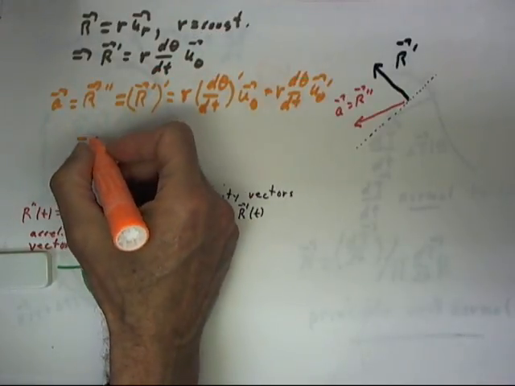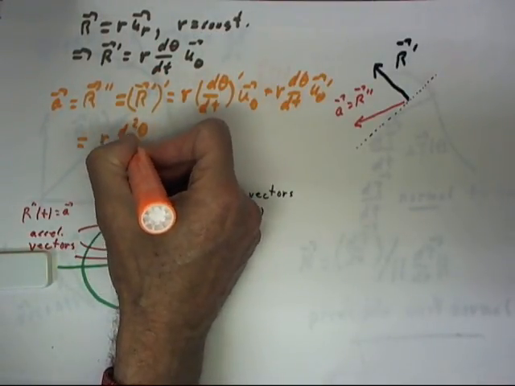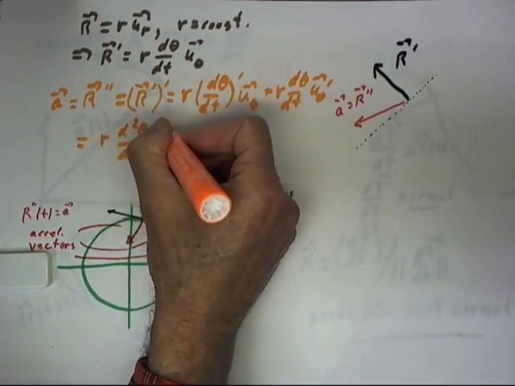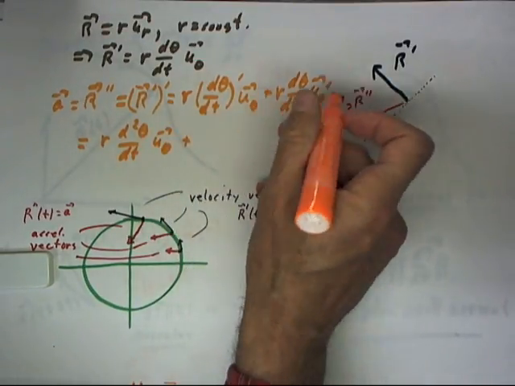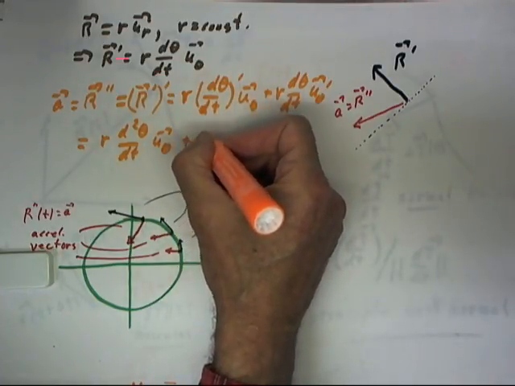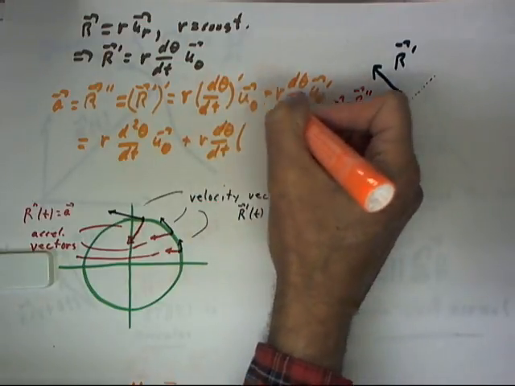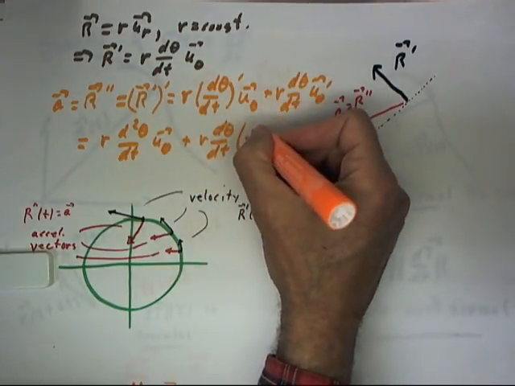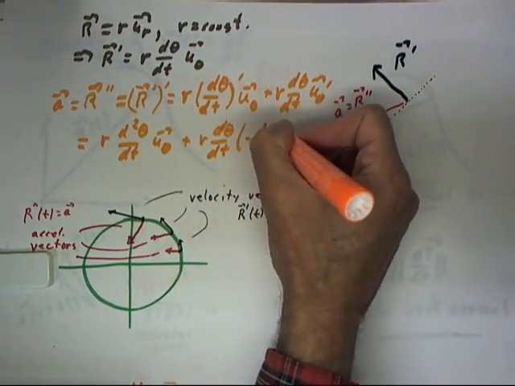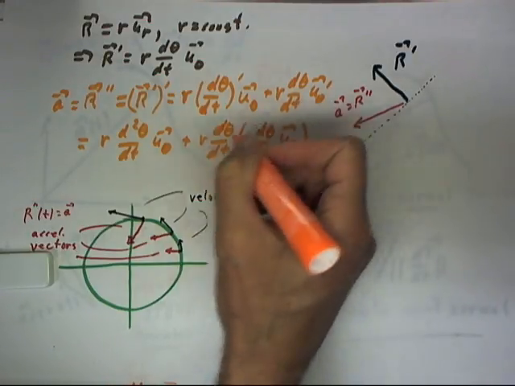The derivative of theta prime with respect to t is just the second derivative of theta with respect to t. And the derivative of u theta with respect to t is, well, it's r dθ/dt here times the derivative of u theta, which is negative dθ/dt times u sub r.